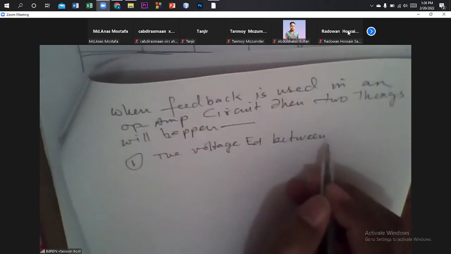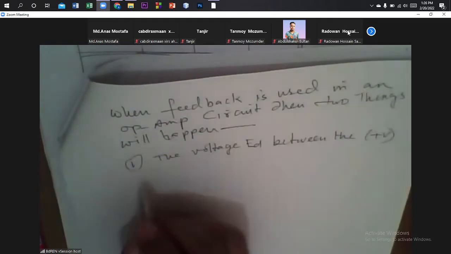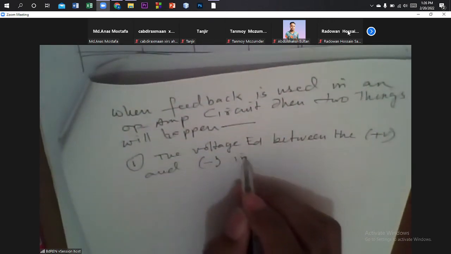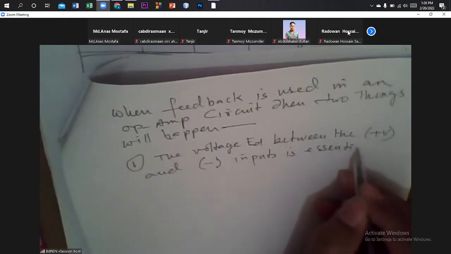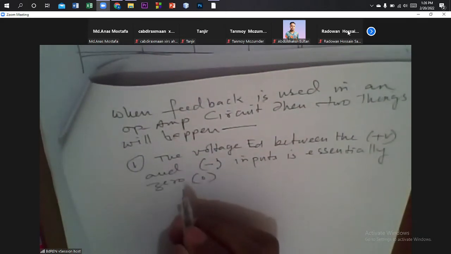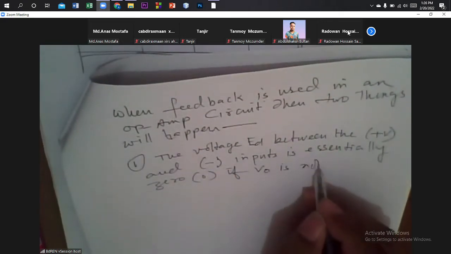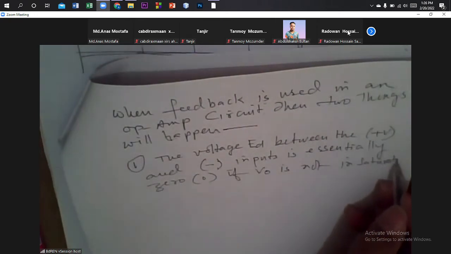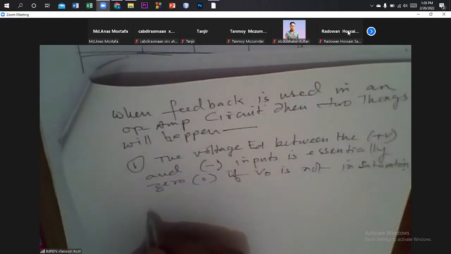I am writing the language that is given in the book. The voltage ED between the positive and negative inputs is essentially zero if V0 is not in saturation. Number one condition.